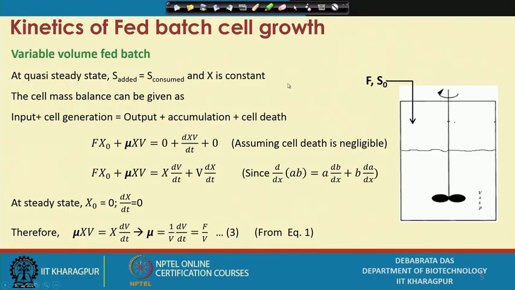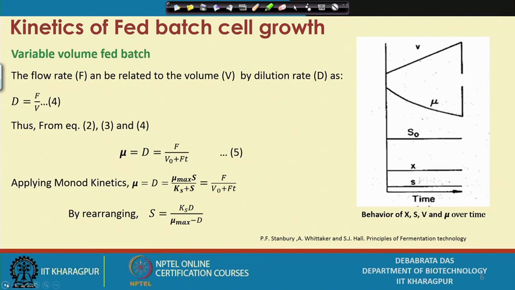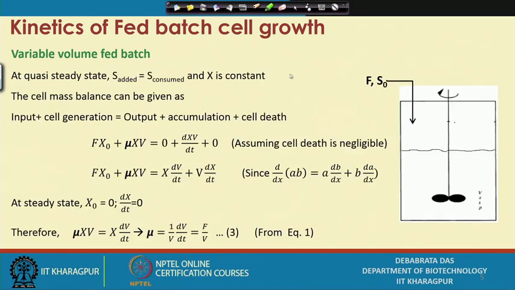As for example, sometimes we say S tends to 0. S tends to 0 does not mean S equal to 0, it means it tends to 0. Pseudo steady state is similar, it tends to the steady state condition.